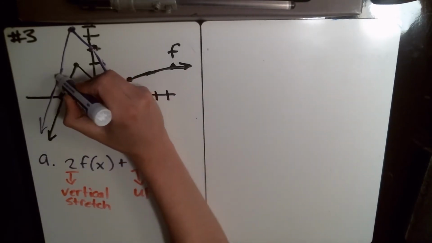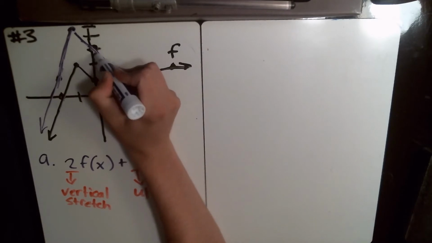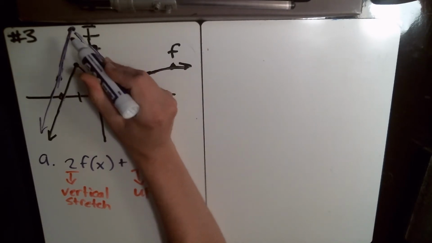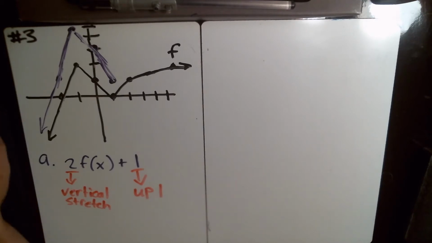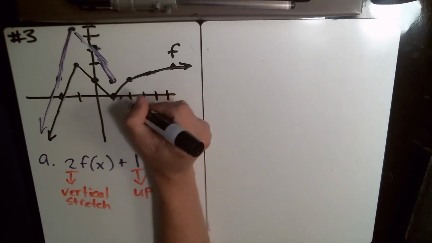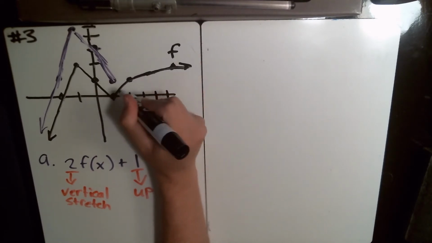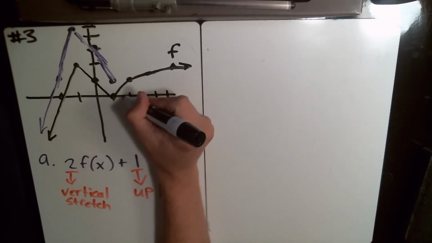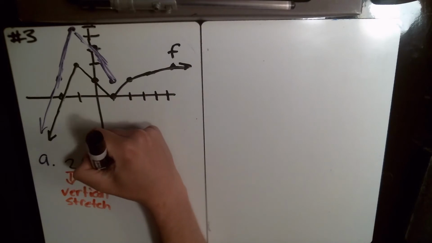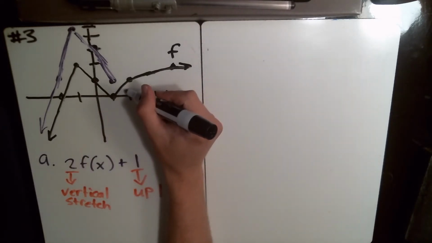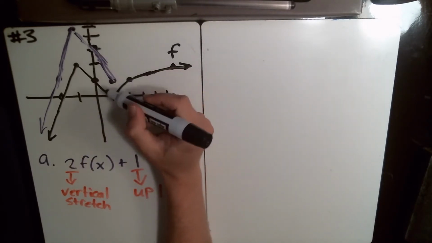So my graph is going to look something like this. If I'd sketched it really well, there would be straight lines here. Now for this last one, for this curve over here at 2, we're at 1, so I'm going to take my y value as 1, and we're doubling it. So we're at 2, and then add 1, we're going to be at 3.